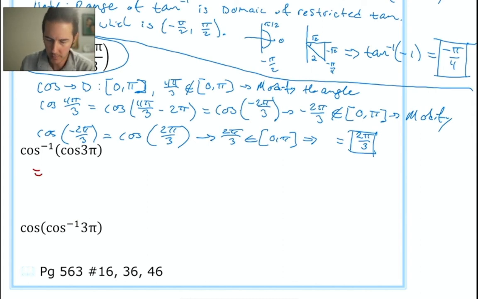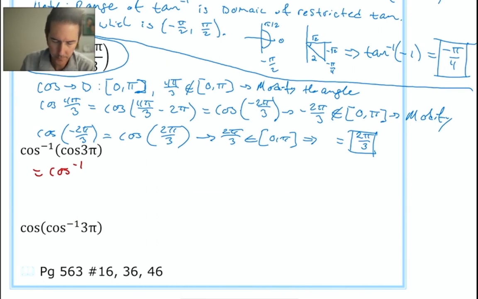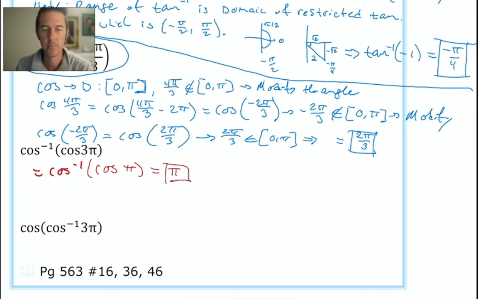I'm going to write simply that this is equal to the cosine inverse of the cosine of π, which is equal to π. π is in the domain, so the inverse cosine and the cosine can cancel out, leaving us with a final answer of π. So it's only with that deeper understanding of this process that you can rip through that logic super fast and get your answers in much less time.